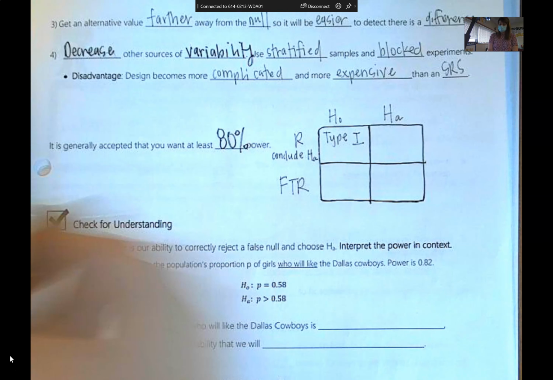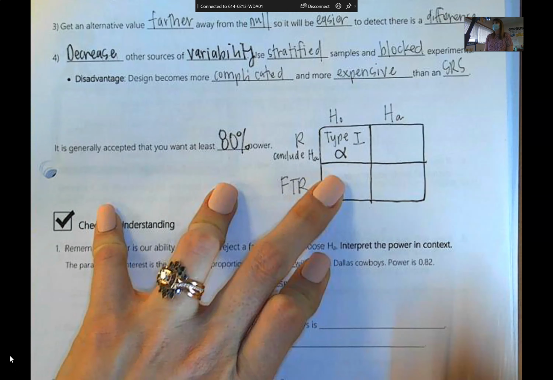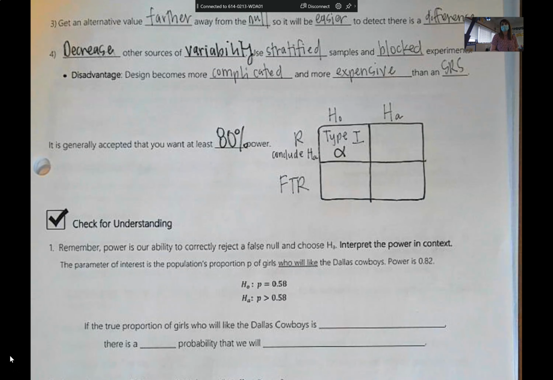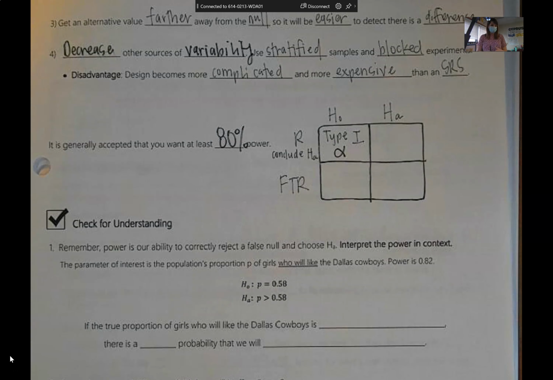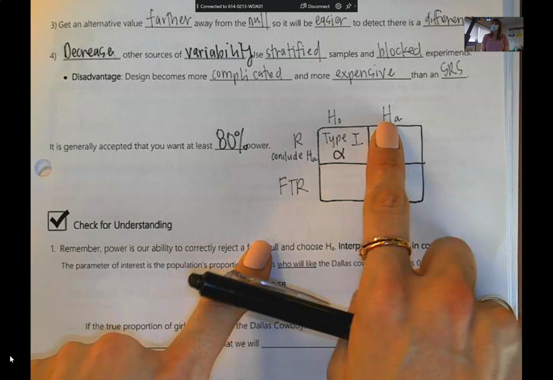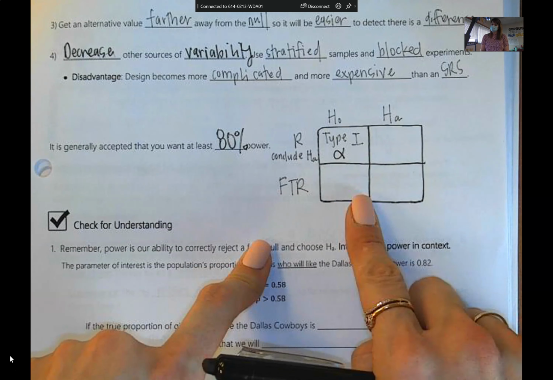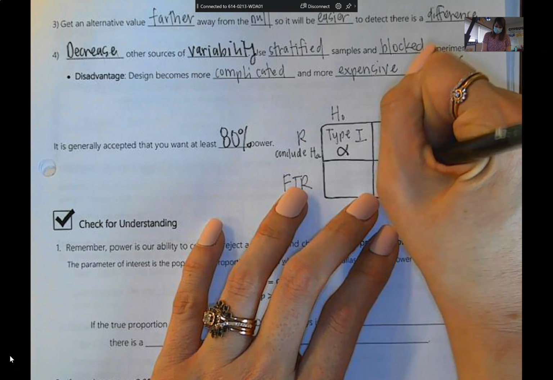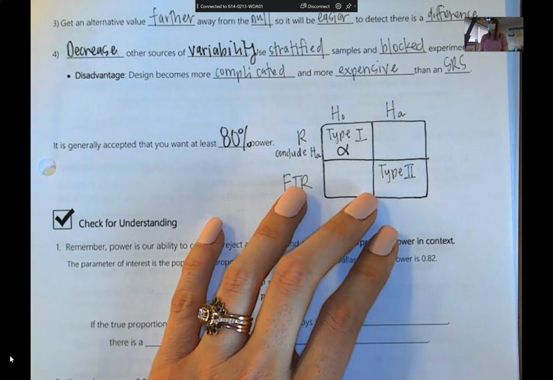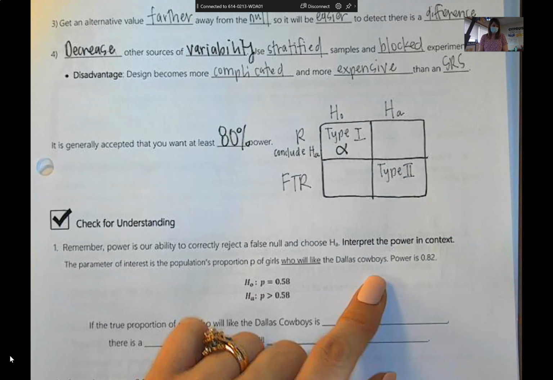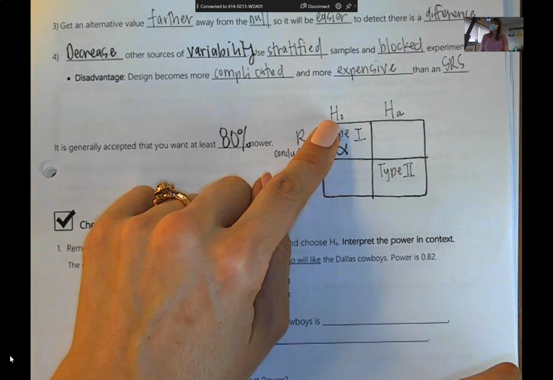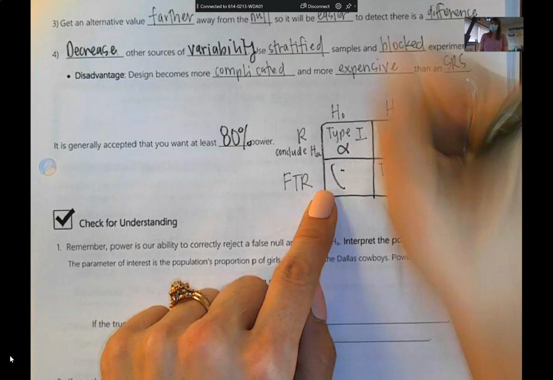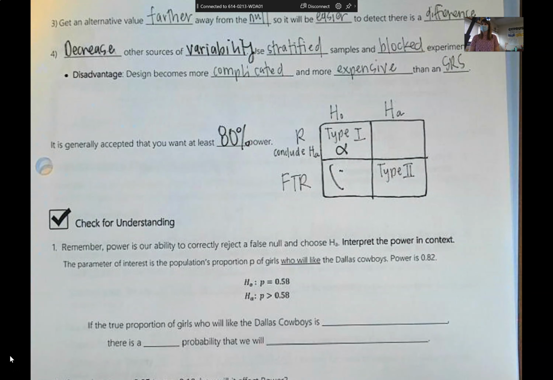We now also know that to be alpha. Type 1 error is connected to alpha. If the HA is true, but you fail to reject, that's a type 2 error. If the H0 is true and we fail to reject, we're good. That's exactly what we want to have happen.